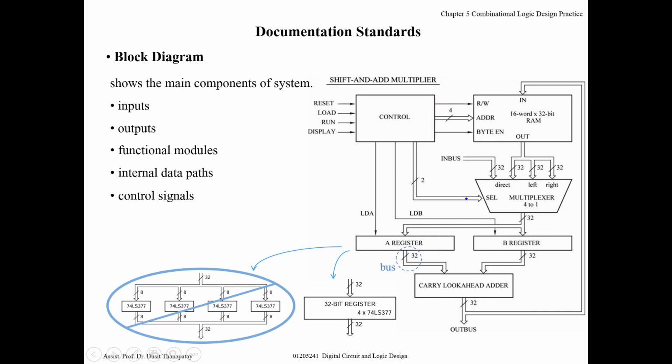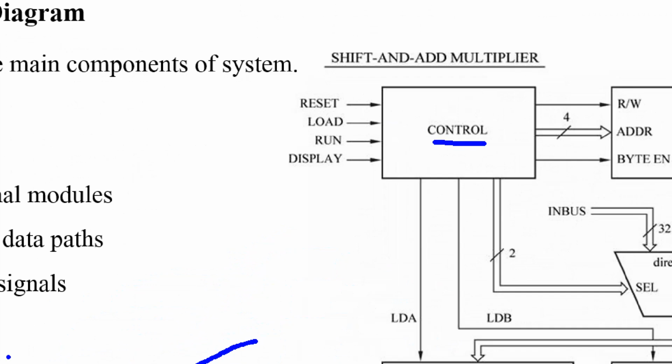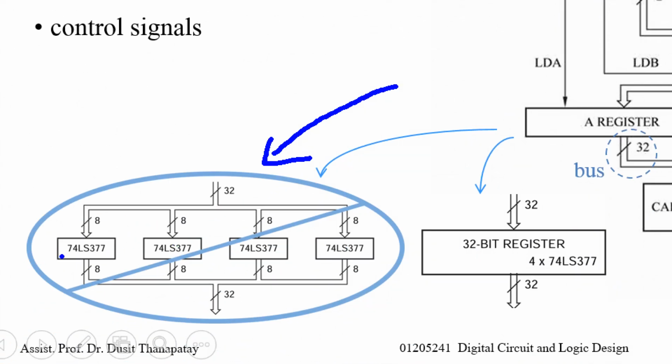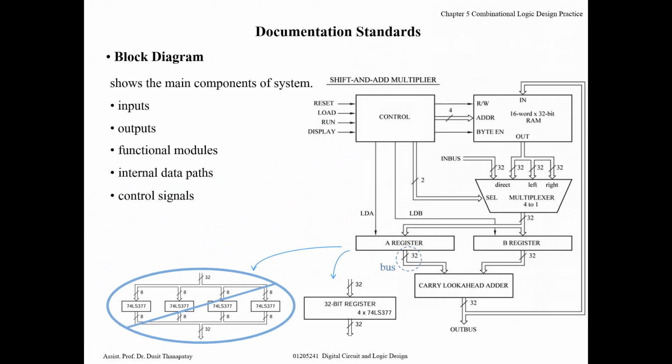For example, this device is controlled by this signal, and this device by this signal. For a block diagram, we just write the name to show the function of that module. We will not write details like what kind of IC is used to implement the function.